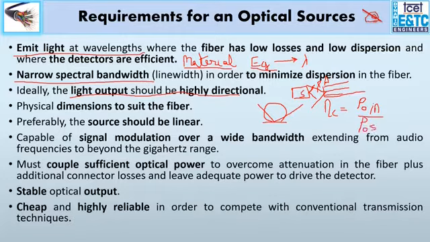So if the source has some X power, and Y is getting coupled into the fiber, Y by X is your coupling efficiency. And always you want it to be as high as possible so that maximum power gets inserted into the fiber. The ideal condition is that the optical power inserted into the fiber, P_O, is equivalent to the power output from the source. You cannot afford to lose it just because the output is going in a direction which is outside the acceptance angle of the fiber.